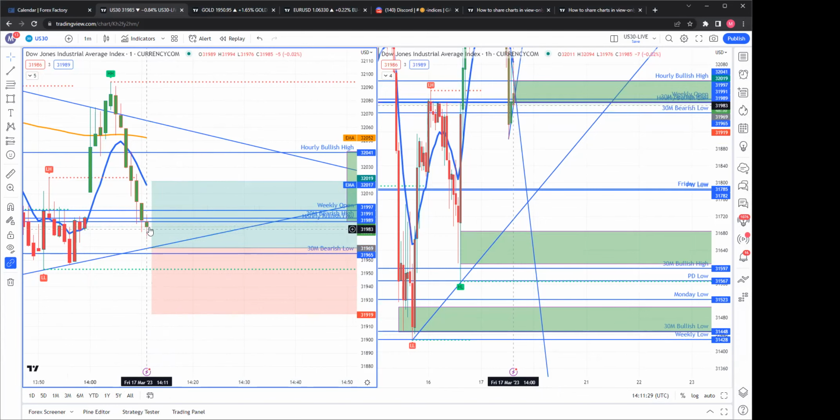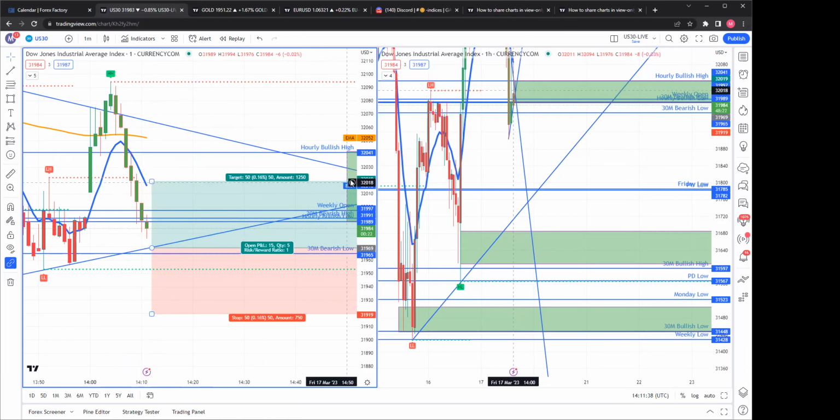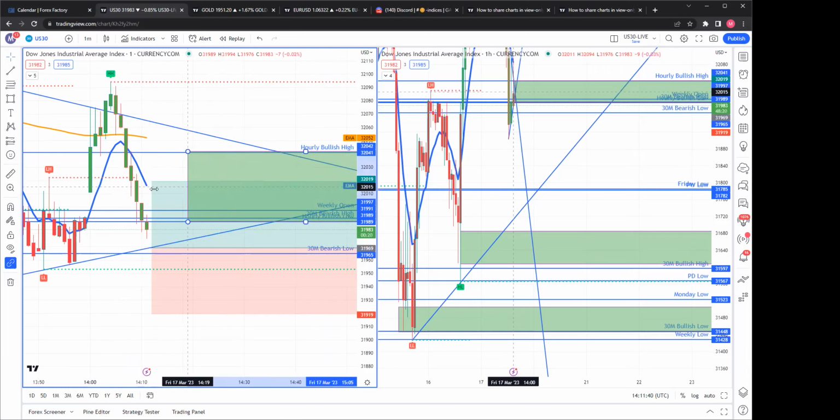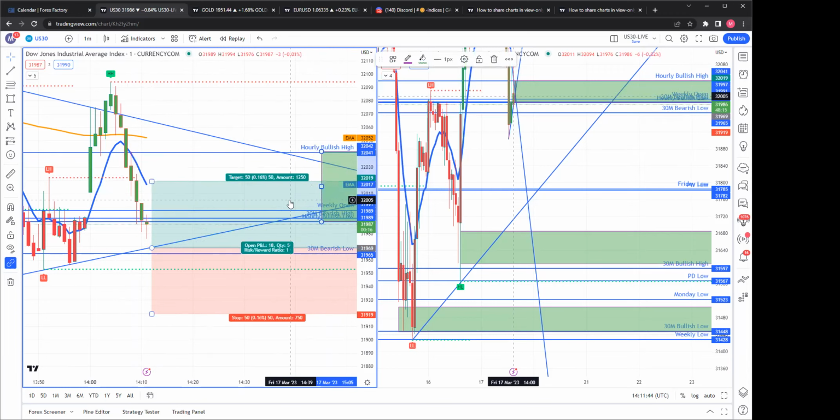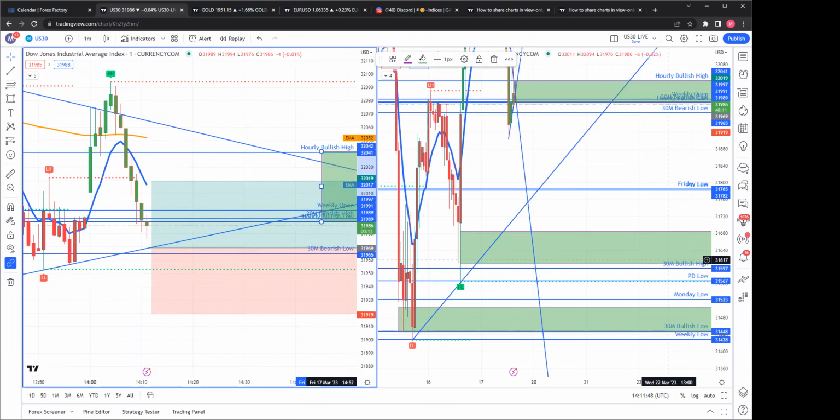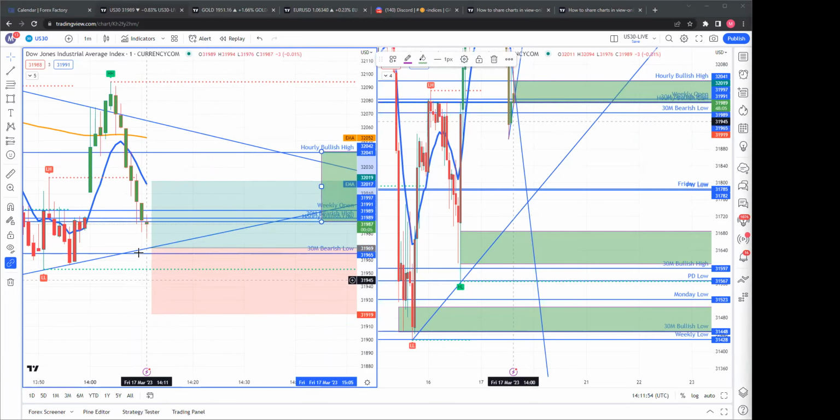So this is the buy zone that we have there. You can see it closed above it. So if this one here does close above it, I will take a buy. I'm saying if this closes above it, I'll enter into a buy.